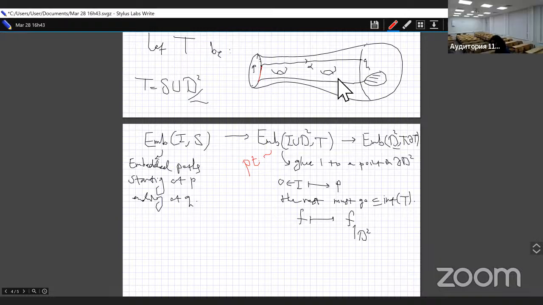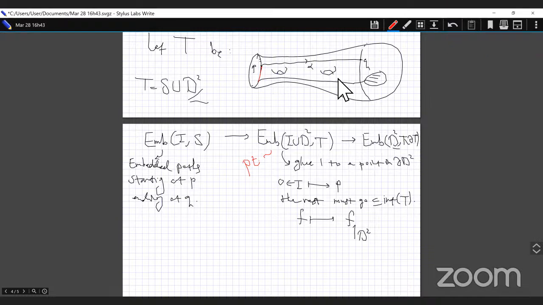So EMB is not the space of all embeddings, it's a space of all embeddings such that one of the ends of I goes to our fixed point P. Yeah, I wrote here, 0 must go to P. Okay. Well, in that case, it's plausible that this space is contractible.